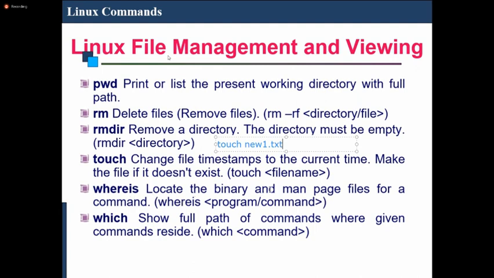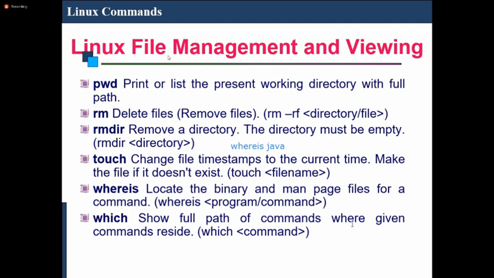Okay, when you type the whereis command, you can locate where the binary is, right? The program or the binary file. Let's say you have installed Java, sorry, not whereis. So when you type like this, it will search for the binary and then it will show where it is, right? The path.